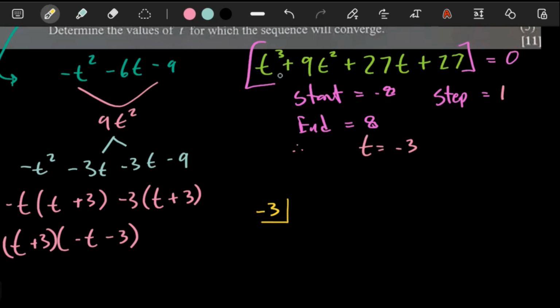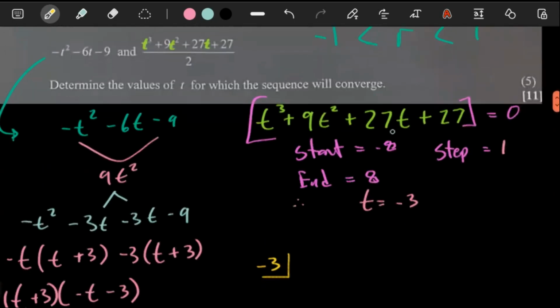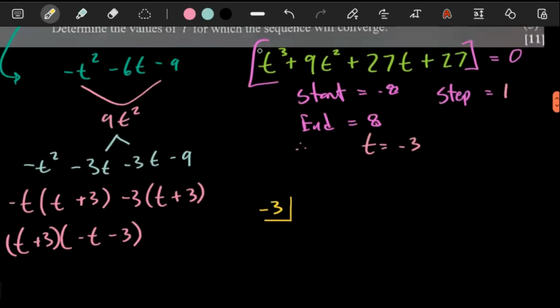You're going to write out the coefficients of your expression. So you have to make sure that this is in standard form, meaning t to the power of 3, t to the power of 2, t to the power of 1, and then nothing. It has to be in order. So you have to write these coefficients, right? 1, 9, 27, and 27.